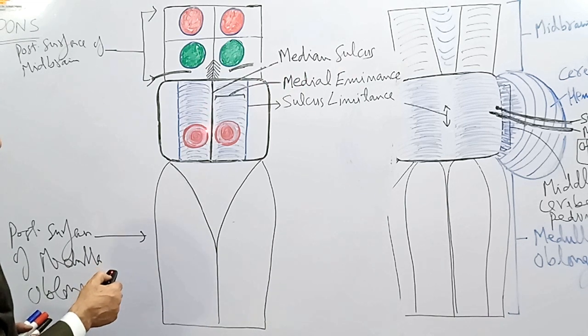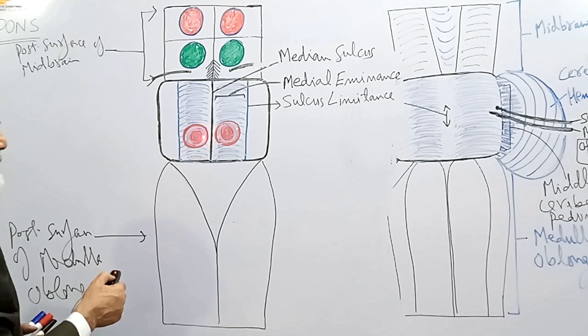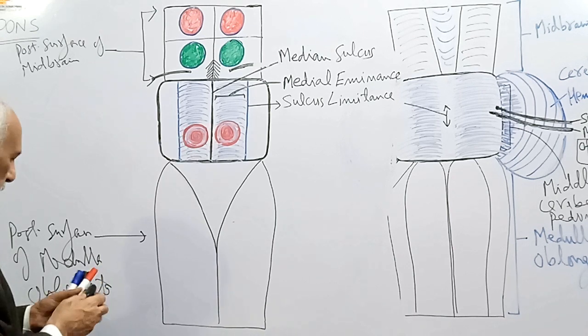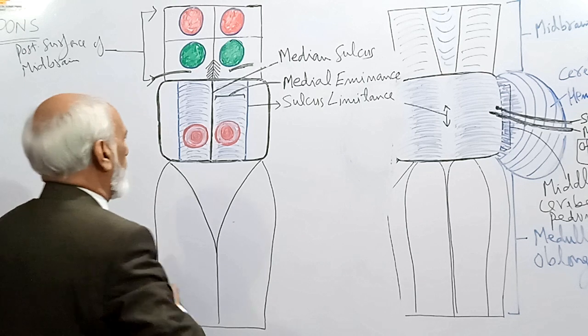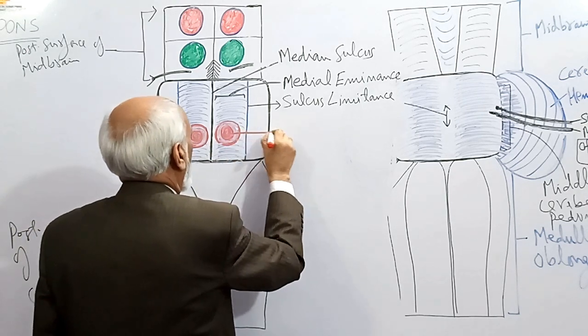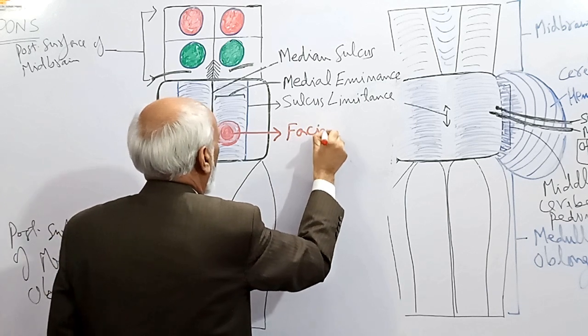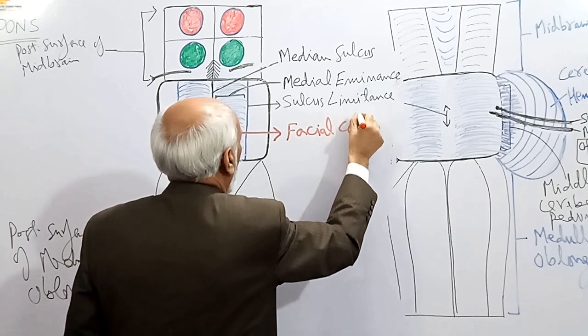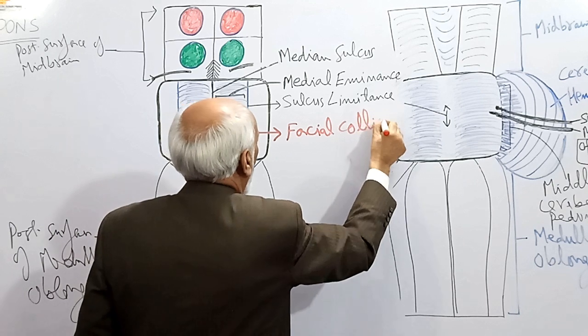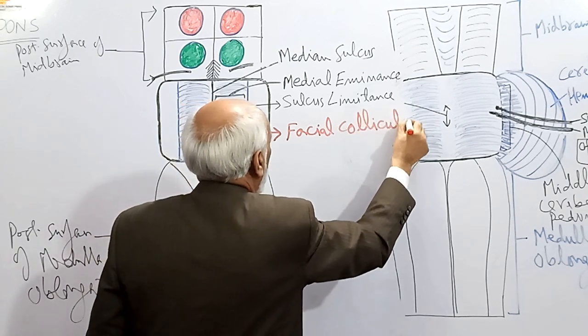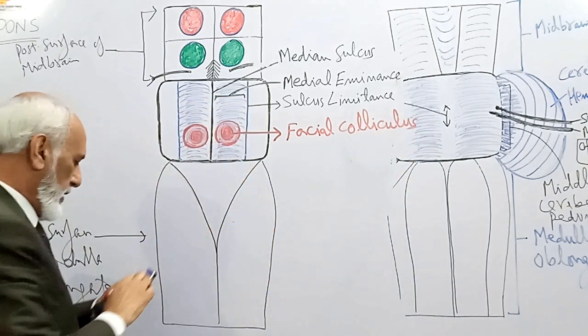Now, over the lower part of the medial eminence, again there is a swelling on each side. This is known as facial colliculus.